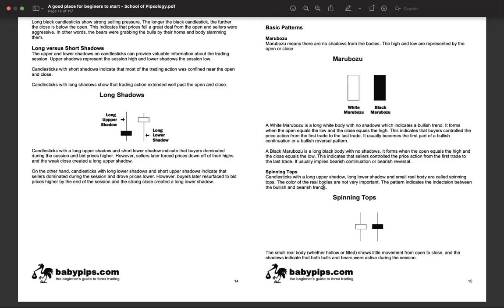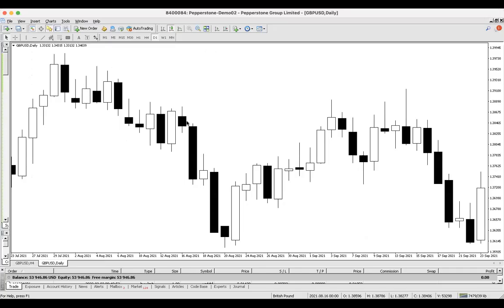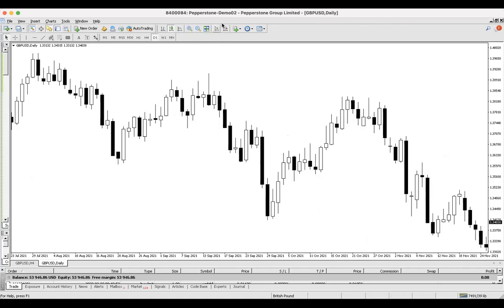Now we're going to go on our charts to see if we can find spinning top candles. When you open our MetaTrader, we will see spinning tops. We have one here, that's a spinning top. Okay, spinning tops.